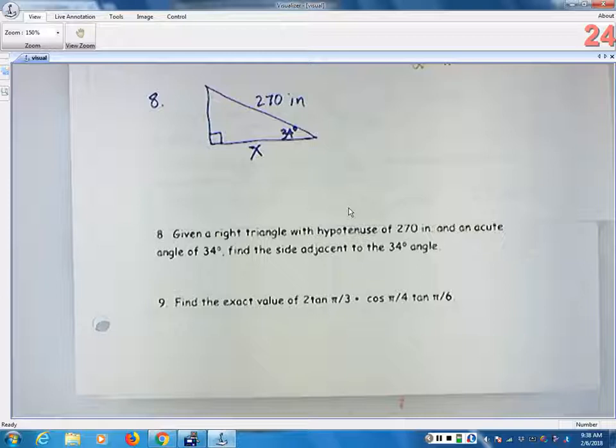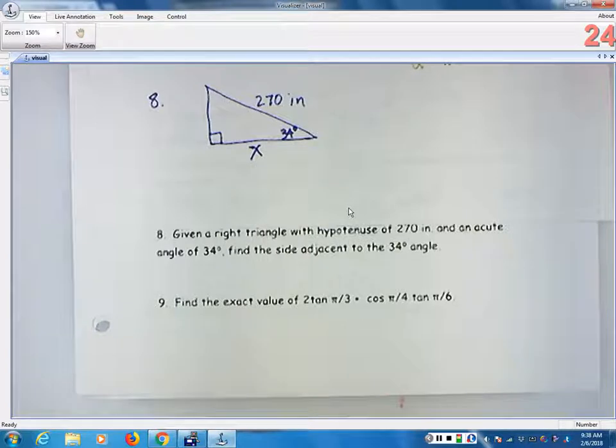I'm trying to think if this is, I think this would be the calculator part. I was thinking this would be in the calculator part.